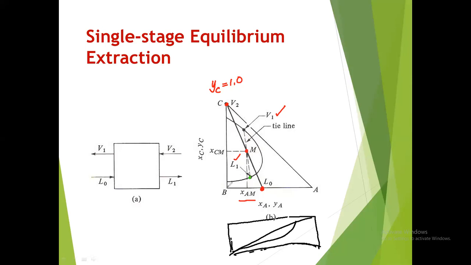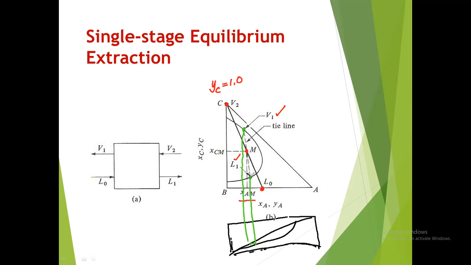It could be anywhere here below. So L1 is there. Then what you do, you go down until you reach the equilibrium curve. You turn left until you reach the 45-degree line, and you go up until you rest on this particular point. So that's V1.